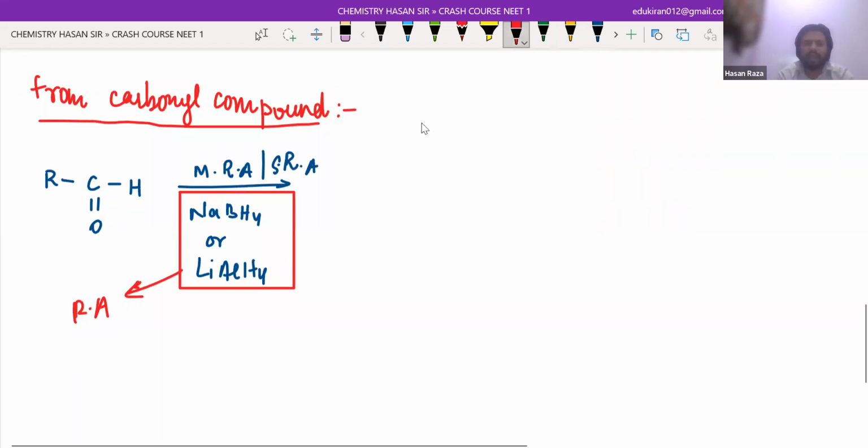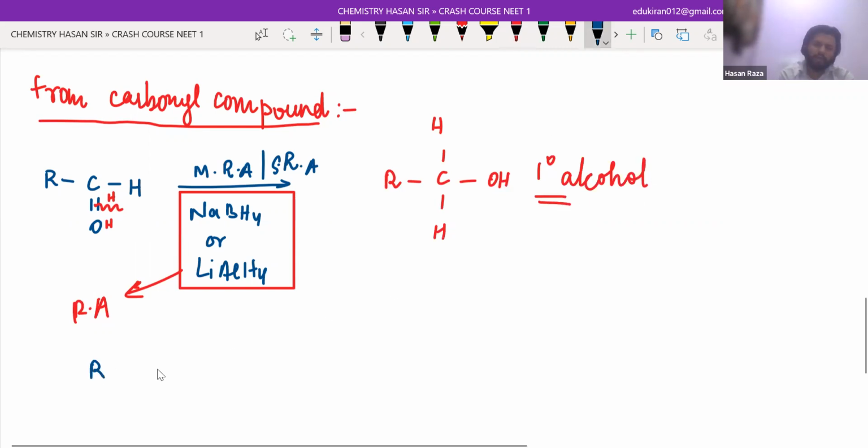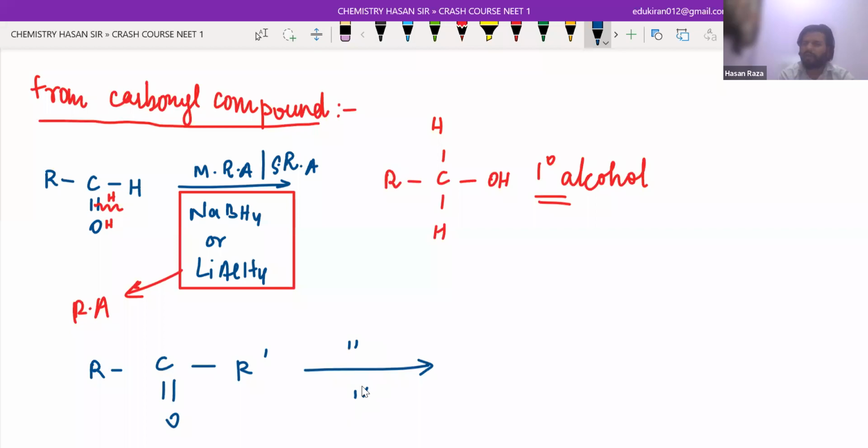So what will happen? This aldehyde will be reduced. That means you break one of the bonds between carbon and oxygen, and then hydrogen adds here, hydrogen adds here. You will get RCH2OH. So whenever you reduce an aldehyde to get alcohol, you will get only 1 degree alcohol. But if you reduce a ketone with the help of this reagent, NaBH4 or LiAlH4, you will get 2 degree alcohol. Hydrogen will be added to this carbon and then OH will be here.